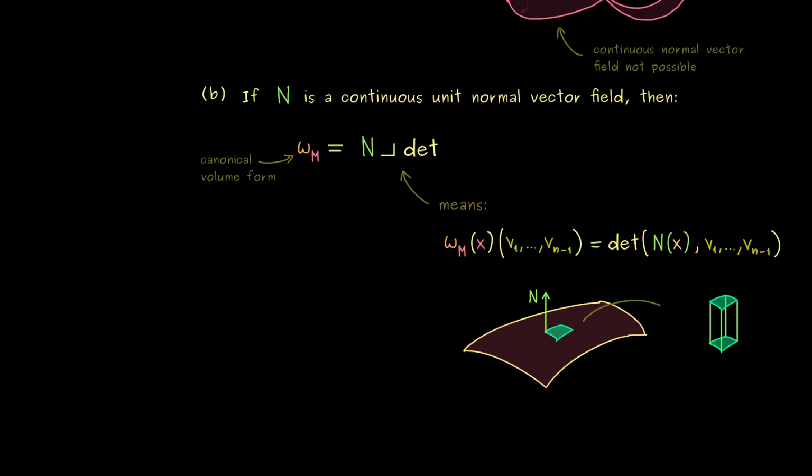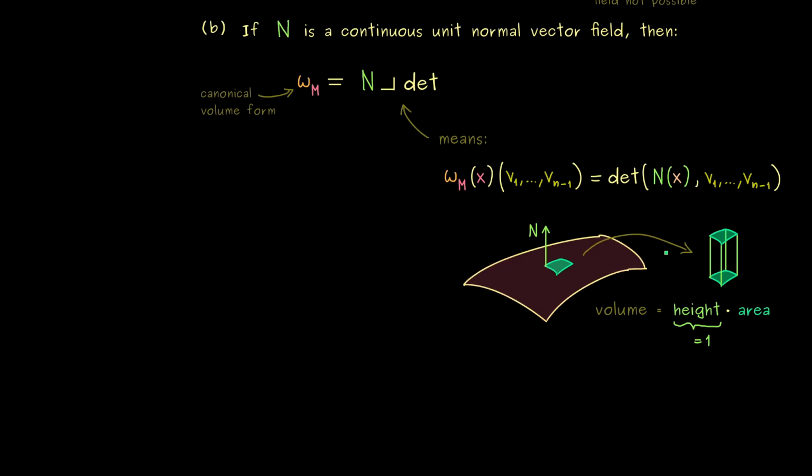And now this volume here lives in R^3 and can be calculated just in R^3. So you could say the three-dimensional volume is the height times the area. However, since the height is given by the normal vector with length 1, we know that the volume is equal to the area.